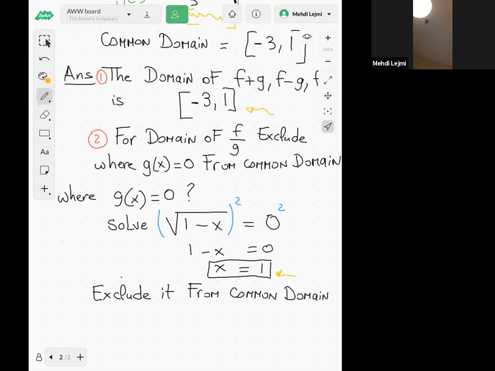So this is the answer for the domain of f over g: -3 included, but then we have to exclude the +1, because that's where g is 0. That's the only difference between the domain of f over g and the rest.